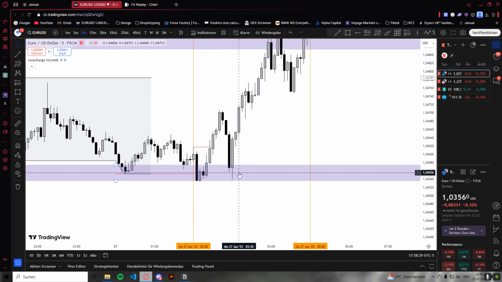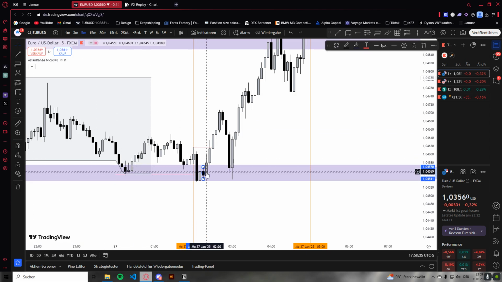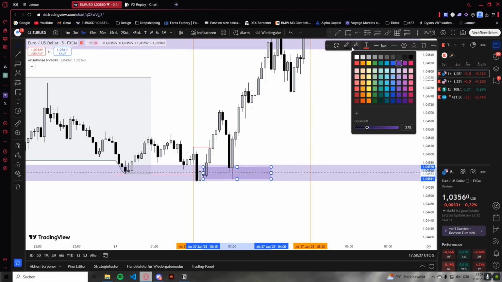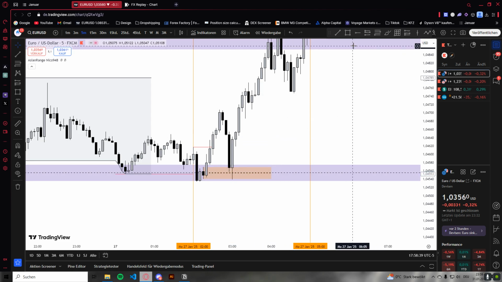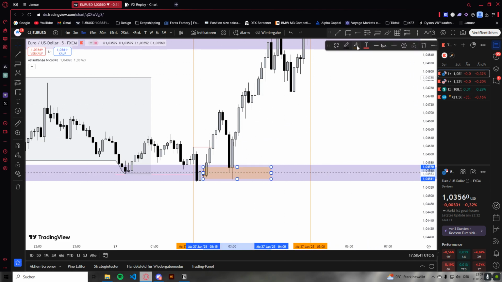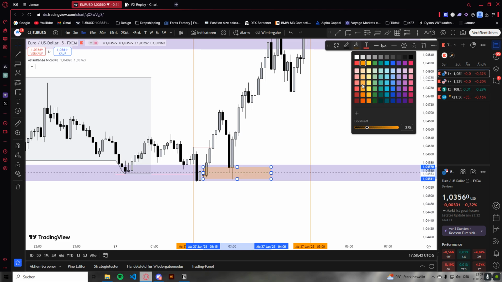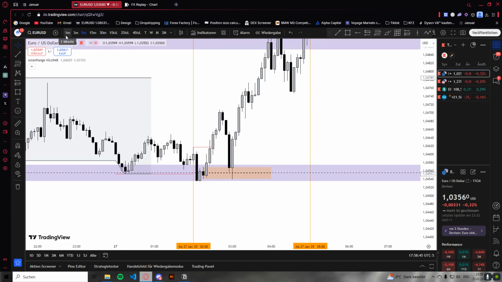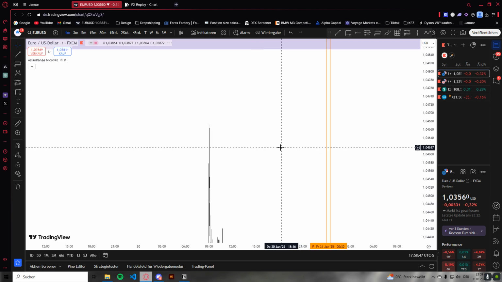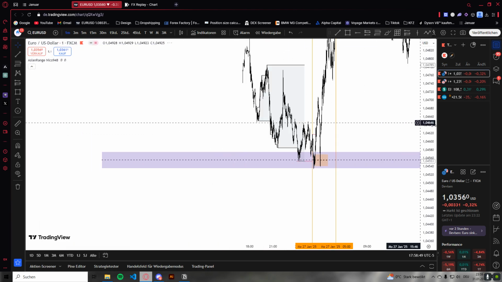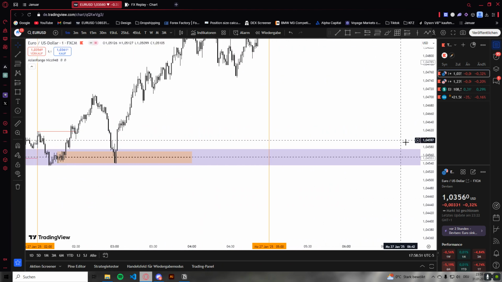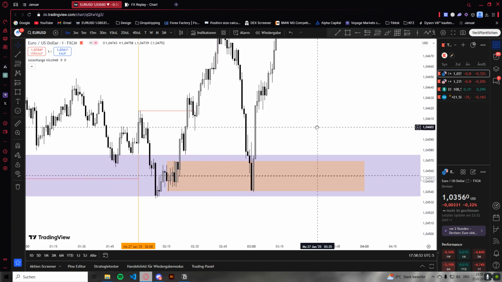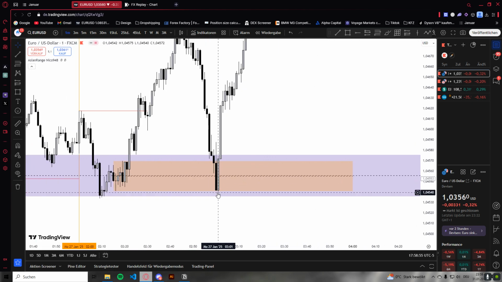Then price revisited this order block right there. If we mark this out fully, maybe with a different color so you will recognize it, this one is pretty cool. So we go over to the 1 minute and we can see price perfectly respected this order block. You can see the bodies.